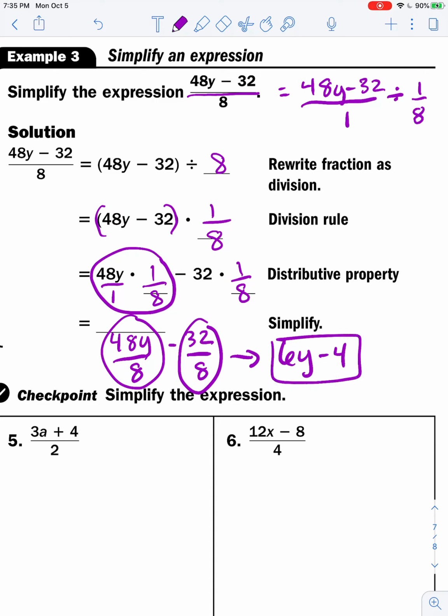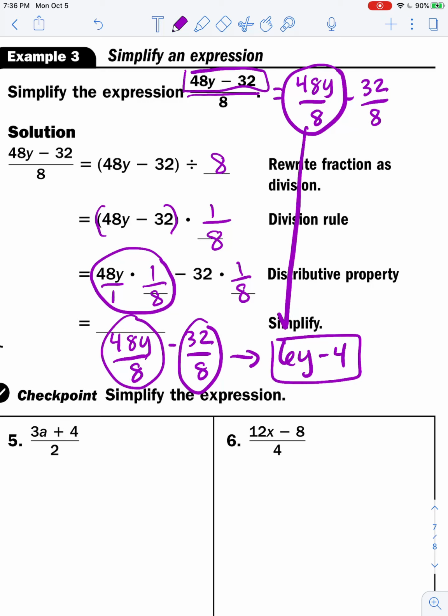So I actually think that's a really tricky way for them to have you do it. What I would do, and what I teach my kids at the high school, so I'll just show you this and see if you like this way better, is I just split this up. I write this as 48y over 8 minus 32 over 8. Since they're both over 8 and these are separated by subtraction, I can just split it up.